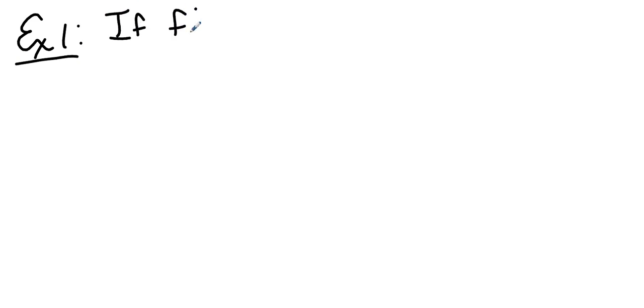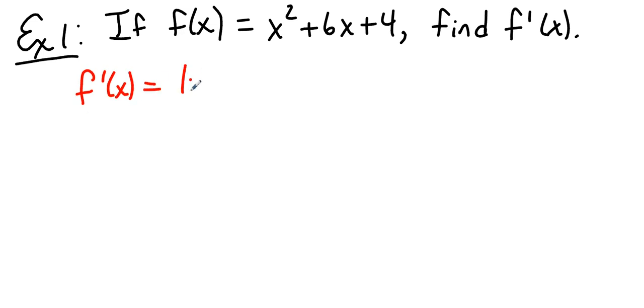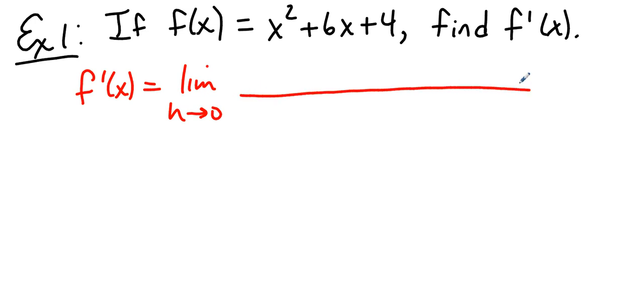If f of x is x squared plus 6x plus 4, find f prime of x. This is the process of differentiating f of x. We are finding the derivative of f of x. So the derivative of f of x is the limit as h approaches 0 of f of x plus h. Well, what is f of x plus h?